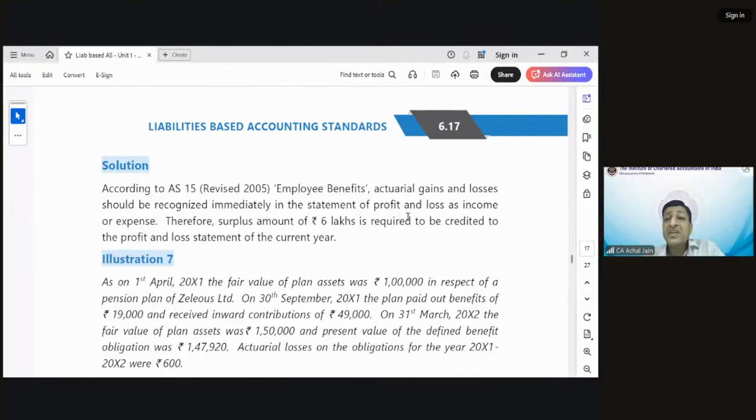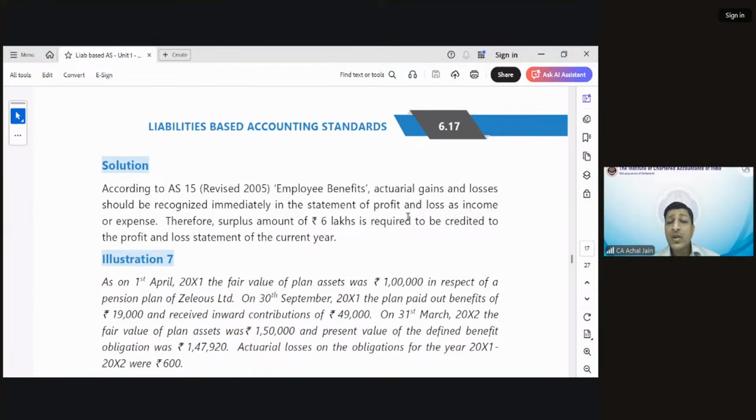During this period, there was also a contribution of 49,000, meaning 49,000 was contributed to this plan. On 31st March X2, at the end of the year, fair value of the plan asset was 1,50,000.